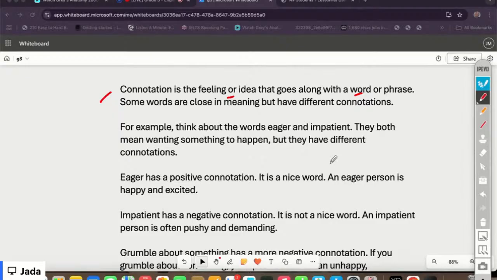So the feeling that you have that goes along with a word or phrase is the connotation. Some words are close in meaning but have different connotations.